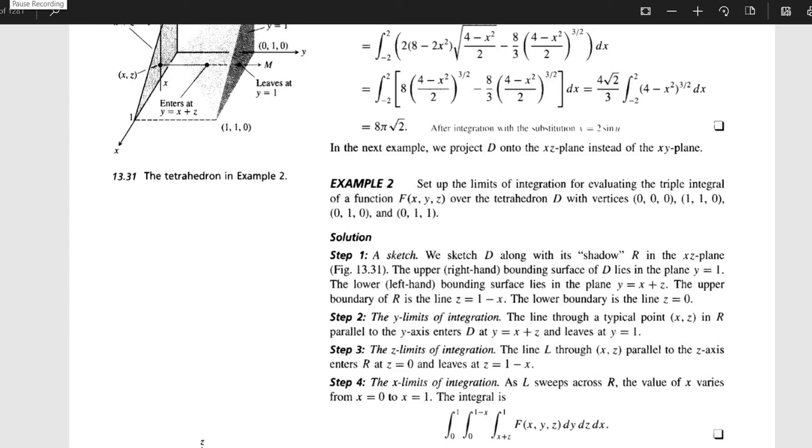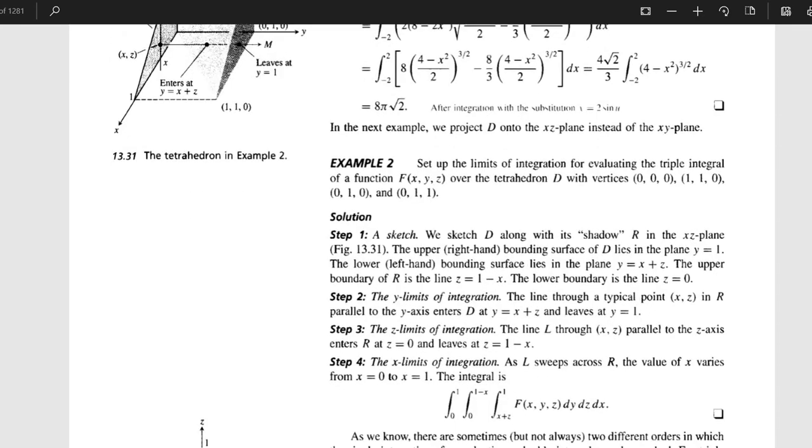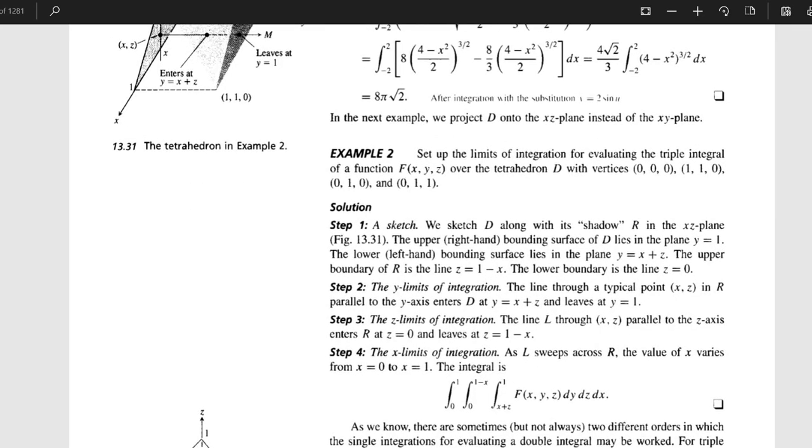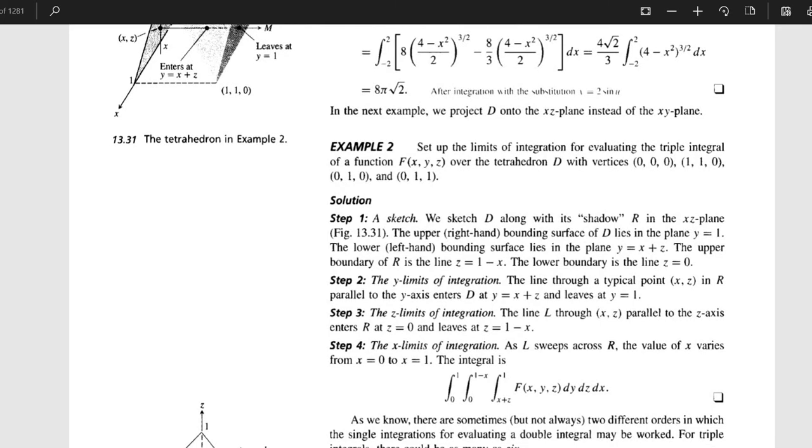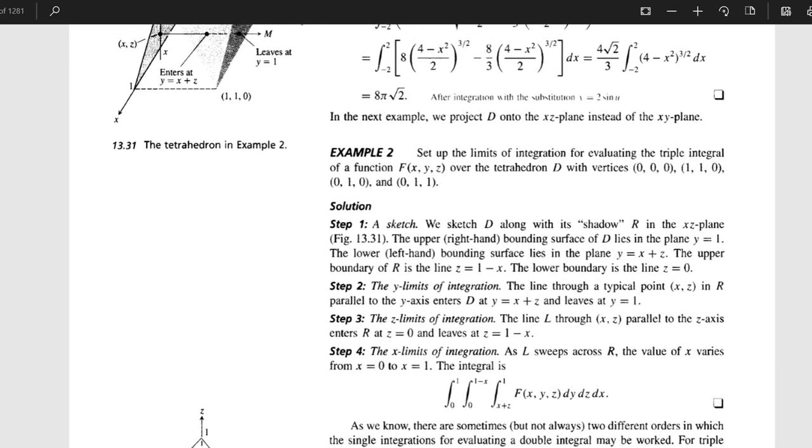Hi everyone. Today I'd like to explain one more problem on finding the triple integral. The question is: set up the limits of integration for evaluating the triple integral for the function f. What is the region?